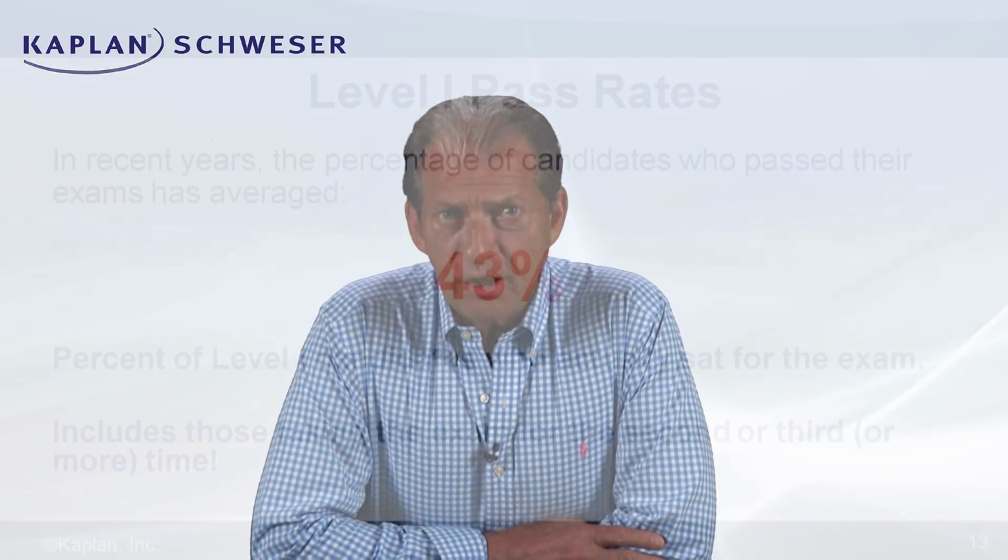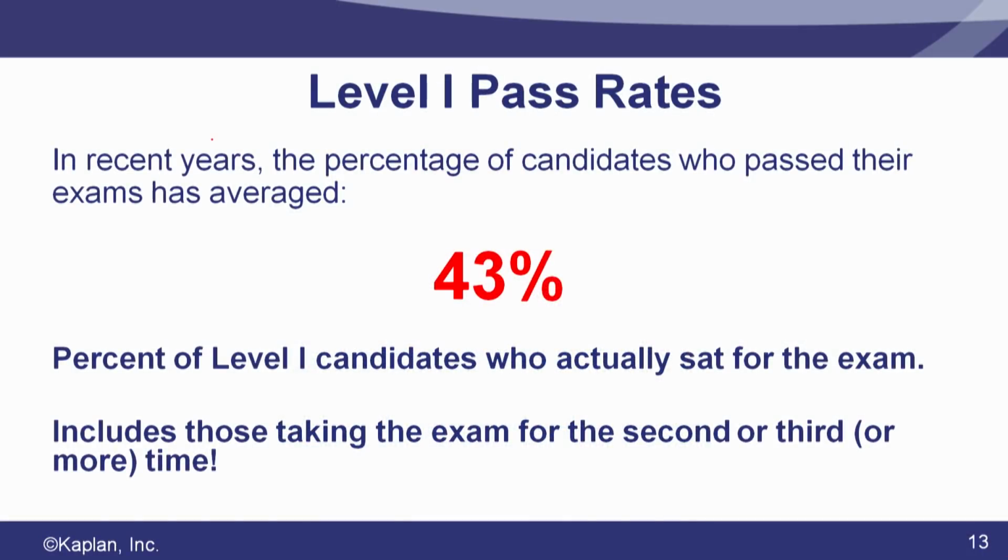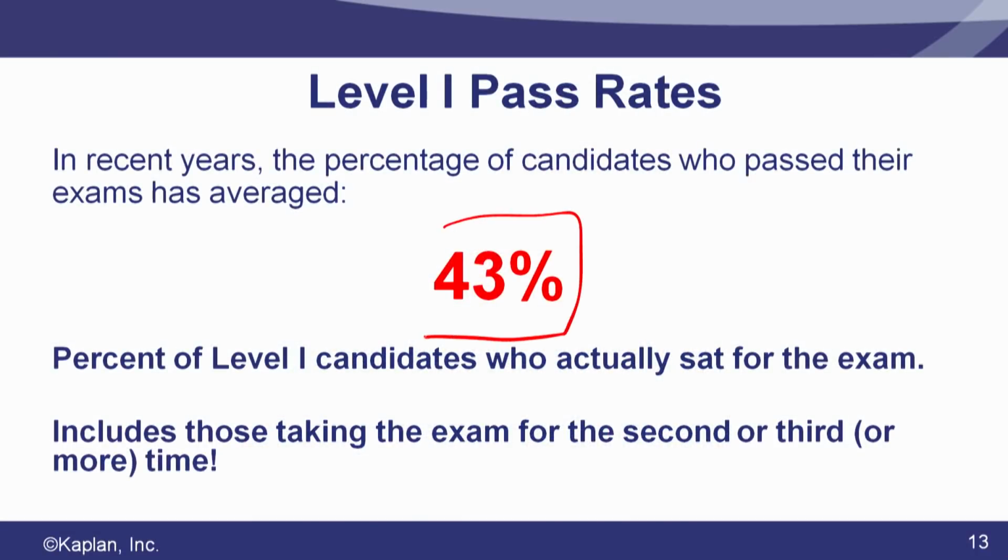Pass rates. Well, here's the motivational part. In recent years, the percentage of candidates who passed their exams has averaged 43%. There's not much variation around that level of 43%. But remember, 43% is the percentage of registered candidates who actually sat for the exam.